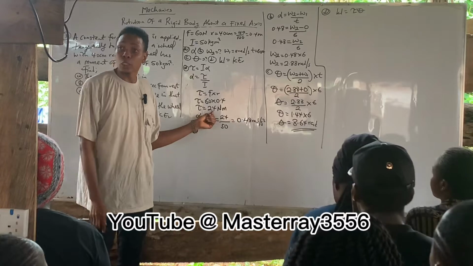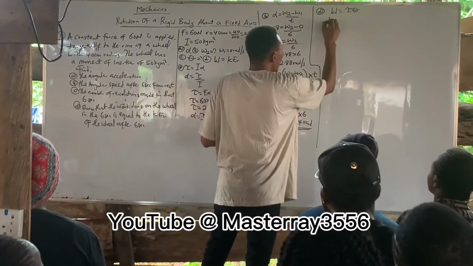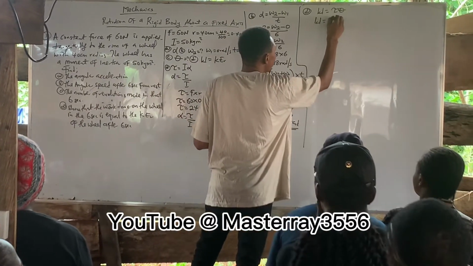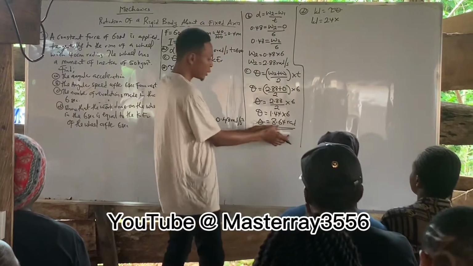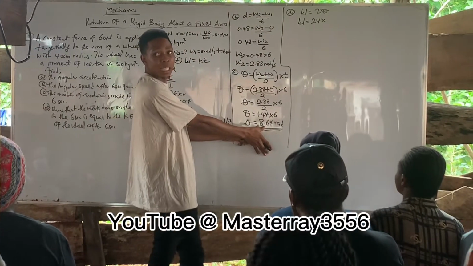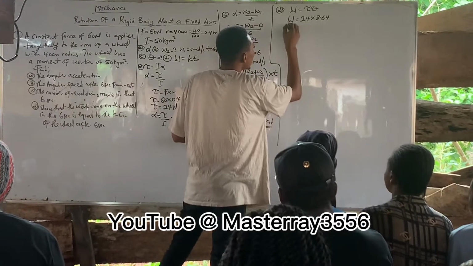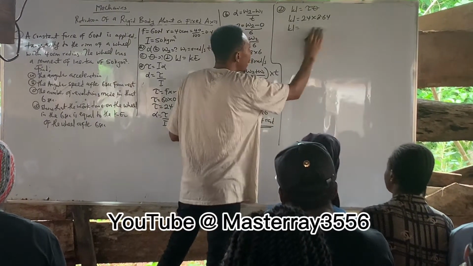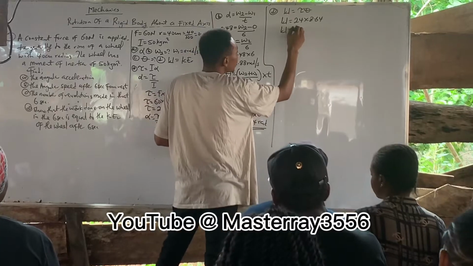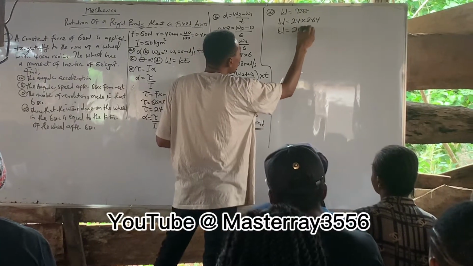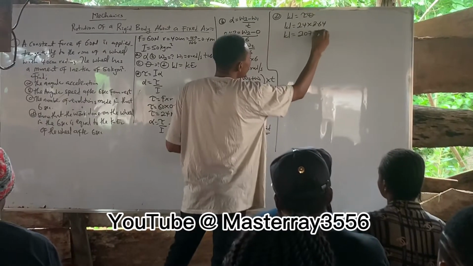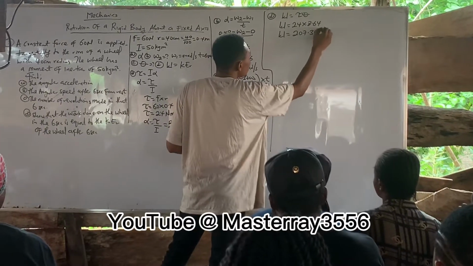What's our torque? 24. Now, work done will be equal to 24 times what's theta? 8.64. So our W will be equal to multiplying this, which is 207.36.